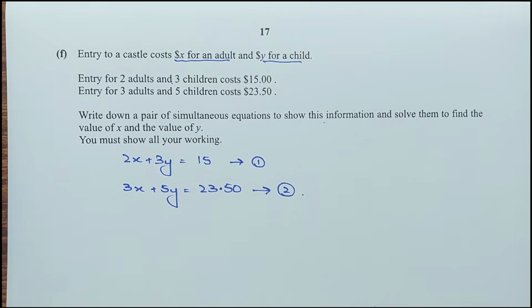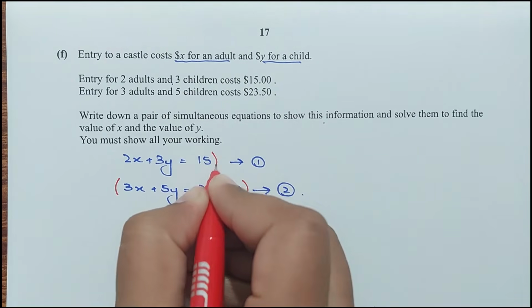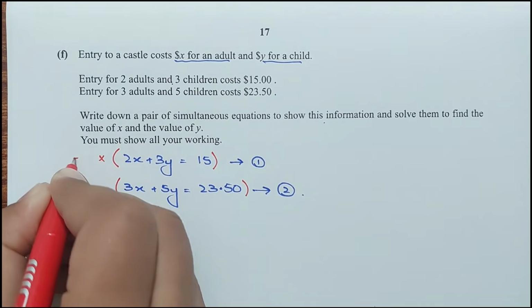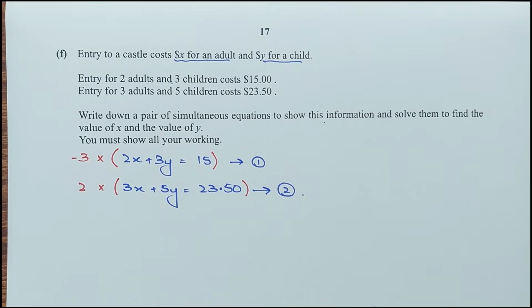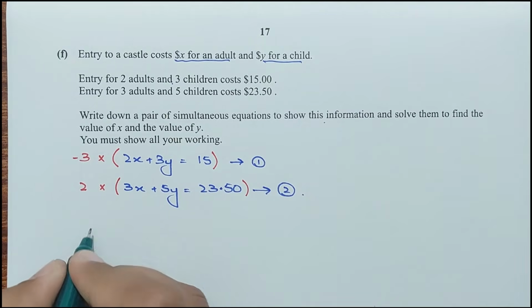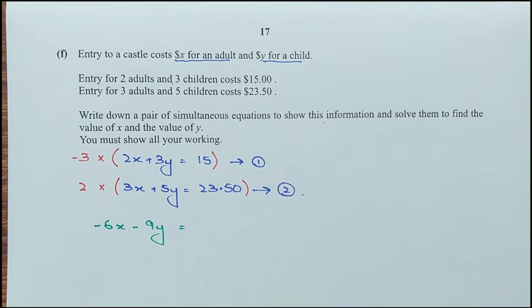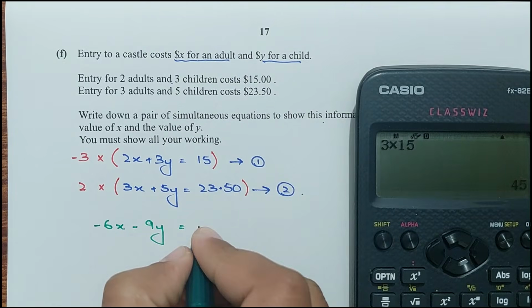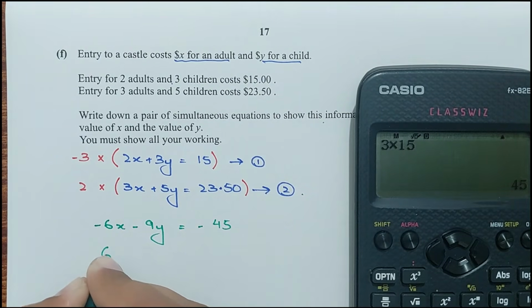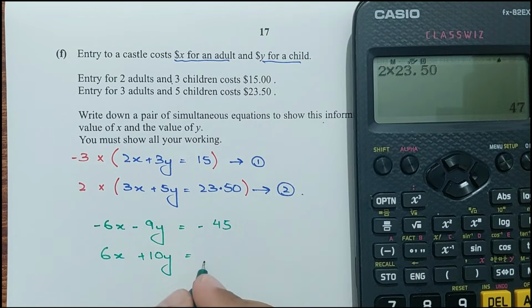Let me use the method of elimination by multiplying this equation by -3 and this equation by 2, right? So -3 times 2x is -6x, minus 9y equals -3 times 15, which is -45. 2 times 3 would be 6x, 2 times 5 is 10y, and 2 times 23.50 is 47.